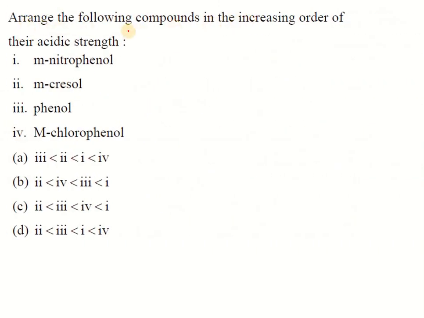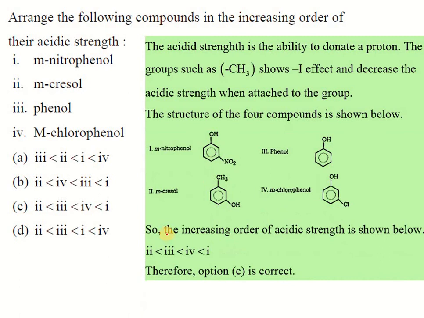Again, the following compounds in increasing order of their acidic strength: meta-nitrophenol, meta-cresol, phenol, meta-chlorophenol. We know that nitrophenol has higher acidic strength. Very easily we can identify that one. And where we have a CH3 group, as in cresols, the acidity will be lesser. So meta-nitrophenol is in the highest position, and we have B and C options left. But meta-cresol is the least acidic because of the CH3 group.